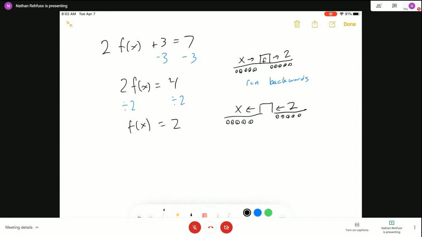And this machine run backwards, I write it f with a little superscript -1. Now this is not an exponent, it's just notation. We pronounce it as f inverse. So this whole thing, f inverse, is the name of this backwards function.